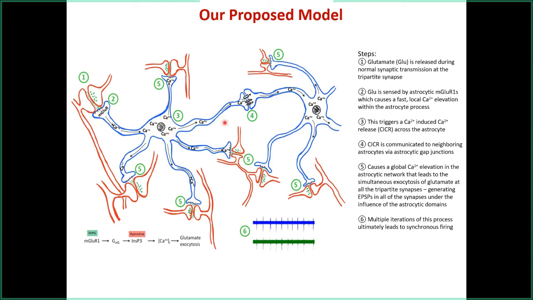One, it can get into other astrocytes via astrocytic gap junctions and then activate other astrocytes in the network, or it can cause the release of gliotransmitter like glutamate or ATP or GABA or D-serine. So this is the model that we wanted to test.